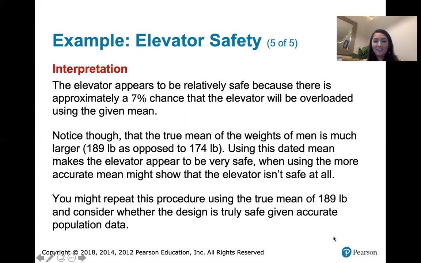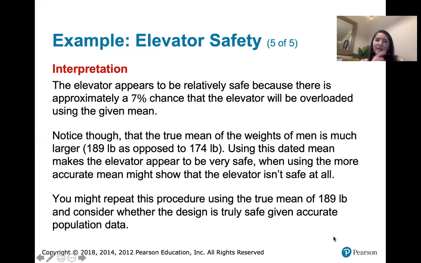So that is the end of our discussion of the rare event rule and the central limit theorem. Again, the central limit theorem is allowing us to compute these probabilities, but the rare event rule is aiding us in the interpretation of these results.